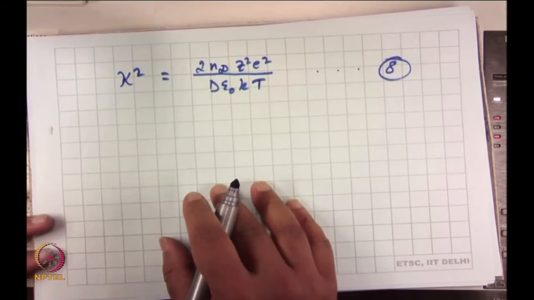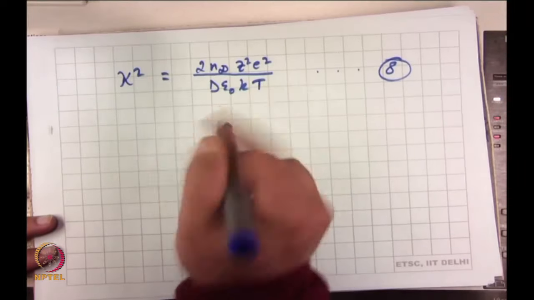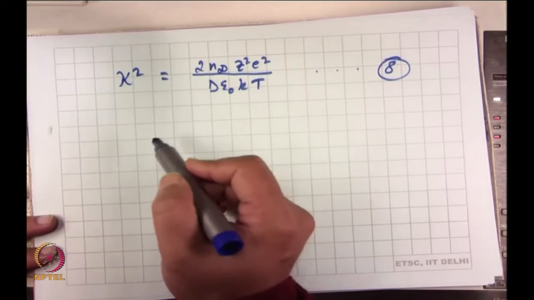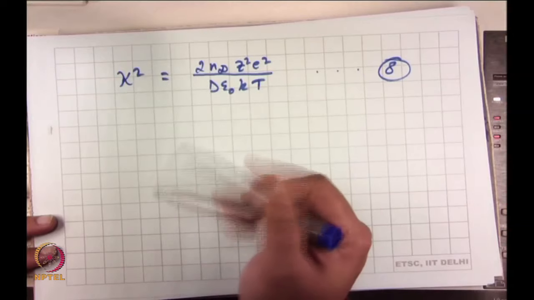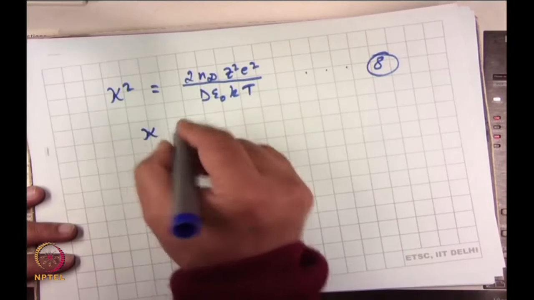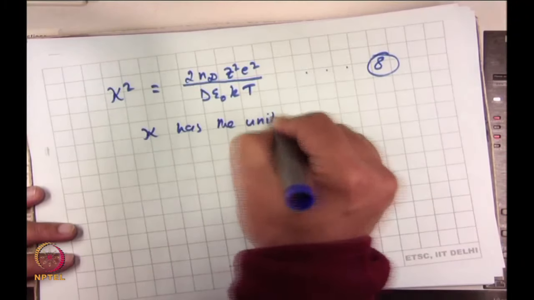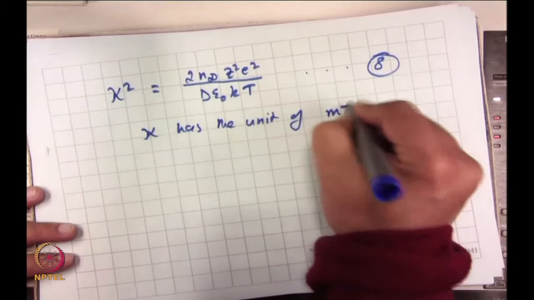Now, what is the relevance of kappa squared? Let me tell you the relevance. If you put in all the respective values, that means the units, you would see that kappa has the unit of meter inverse.